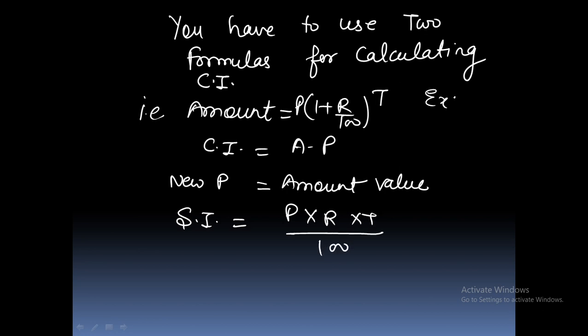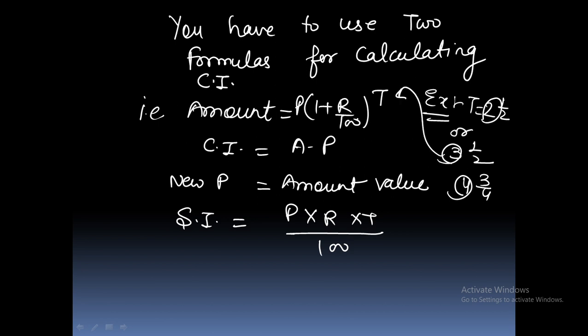Now for example, if time is given in the form of 2 into 1 by 2, or 3 into 1 by 2, or 4 into 3 by 4, etc., any way it is given, then you have to write these values for calculating the amount here, and the factor form values will be written here for calculating simple interest.